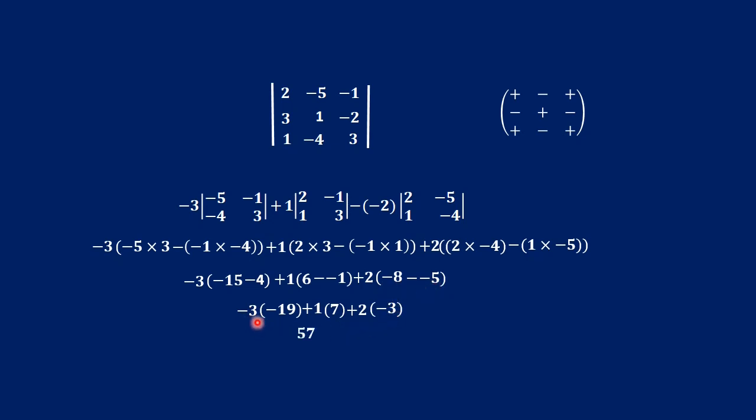So -3 times -19 is 57. And 1 times 7 is 7. 2 times -3 is -6. 57 plus 7 minus 6 is 58. And that is the determinant of this 3 by 3 matrix.